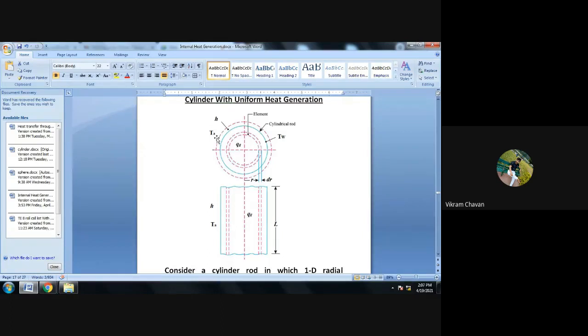Give appropriate nomenclatures, so that the derivation will be more understandable and you will not miss any part of the derivation. Whether the figure is visible, everyone?